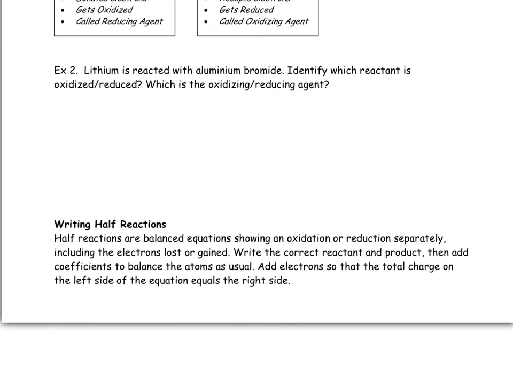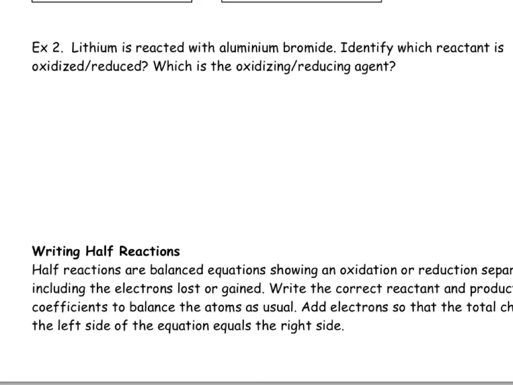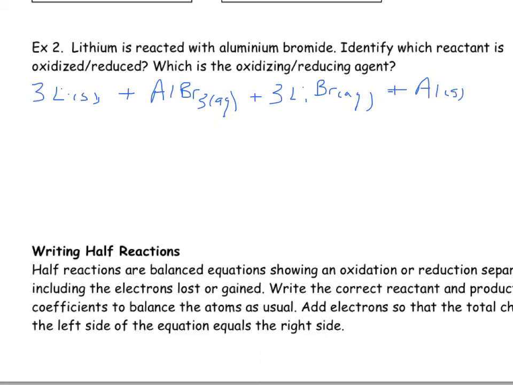Here's the answer for example 2. First start by writing a balanced chemical equation. Because I have two ionic aqueous compounds in this reaction, I can change these into a net ionic equation.